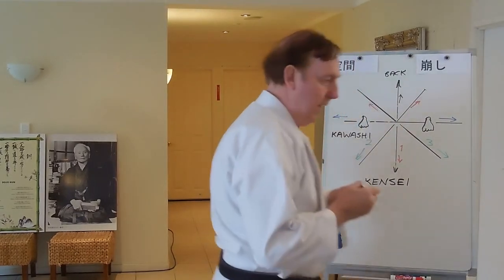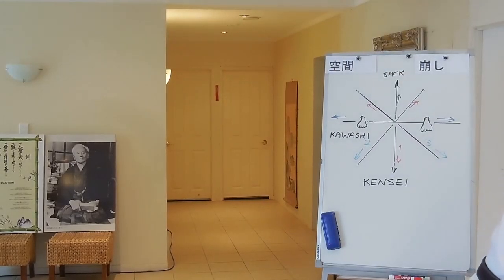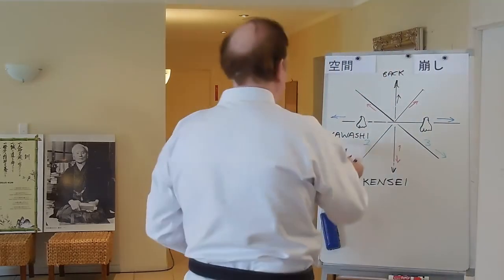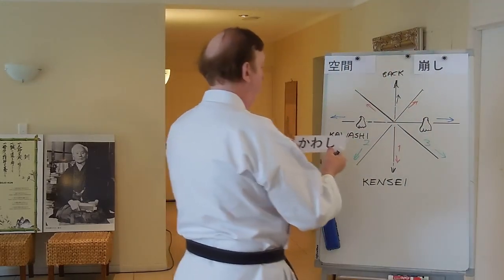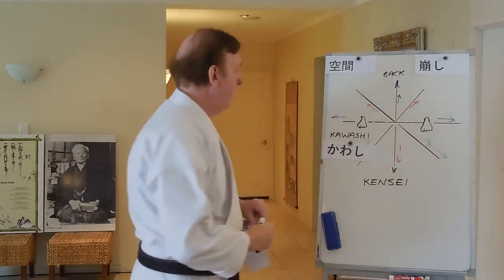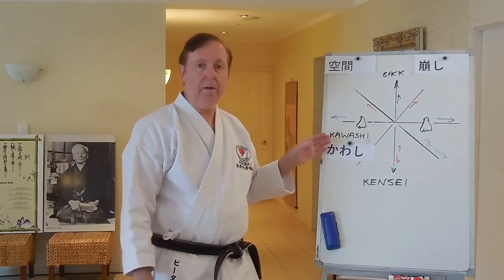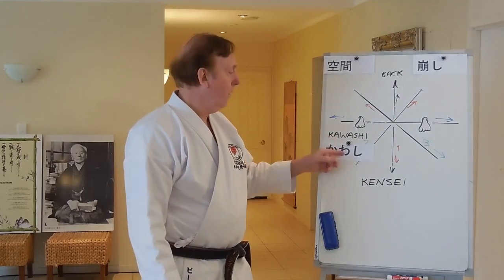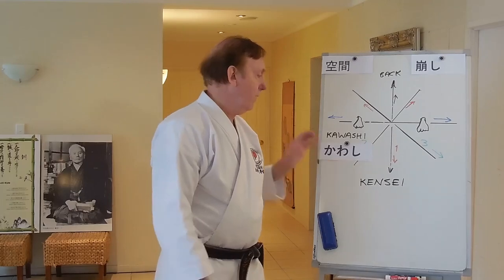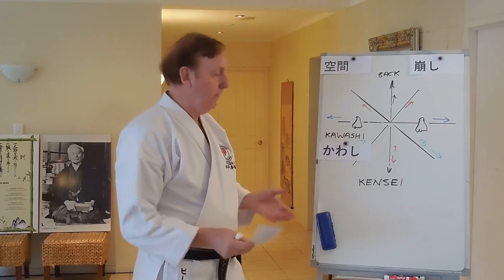So kensei, just put up the kanjis here for these two. So this kanji here is for kawashi. Usually it's, actually that's not a kanji, it's a hiragana. The kanji is not usually used in Japanese, so just kawashi. So this one just means to make a side step or move to the side, as I say, we like.